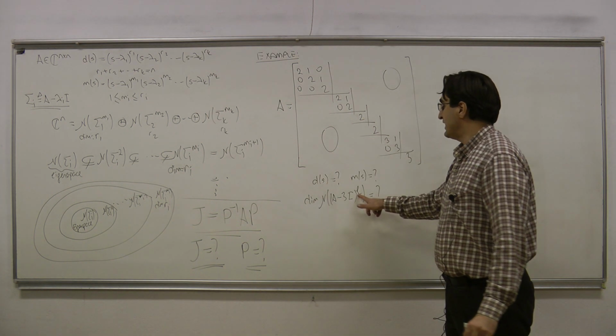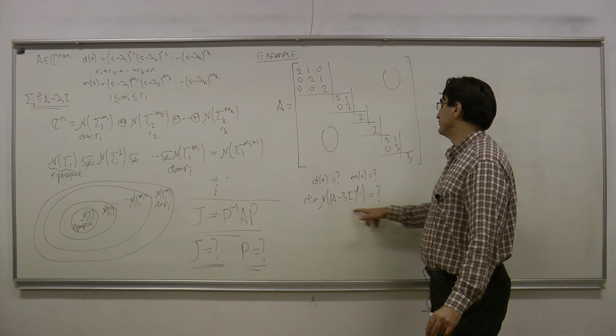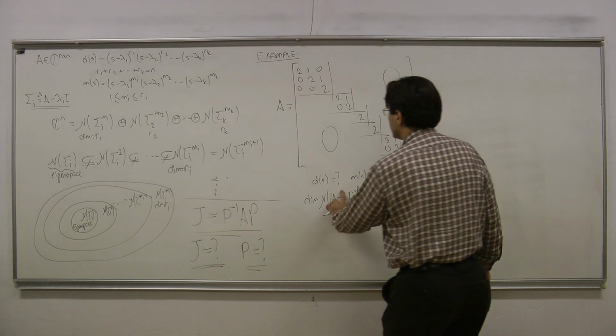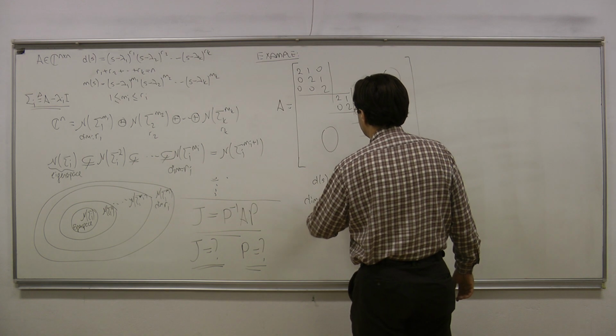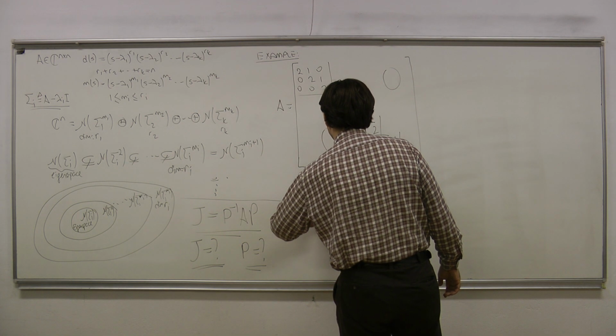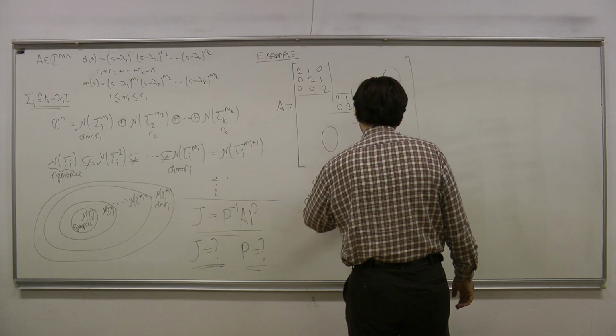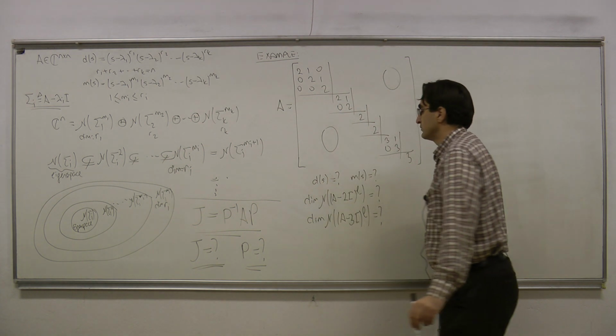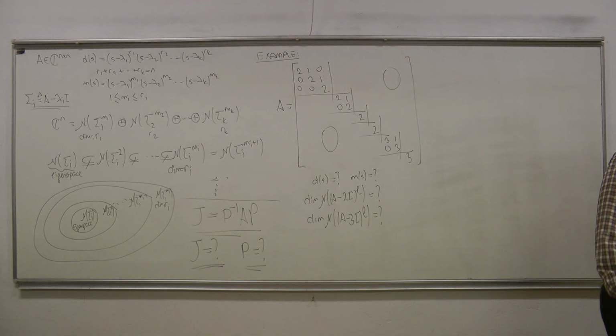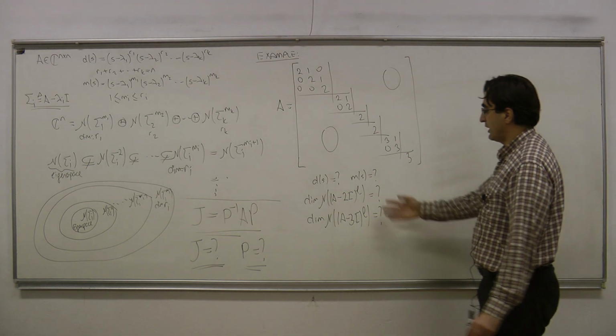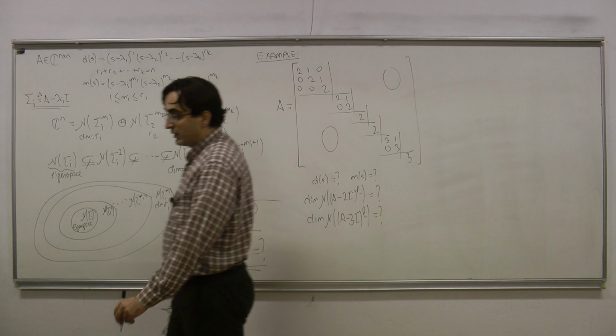Okay? For any L, I will try to find these dimensions. Sorry, this is going to be the first eigenvalue. Then I will ask the other question about the second eigenvalue. A minus 3 identity to the power L. There's a question mark. Okay? So we will be asking these questions and answering them one by one.